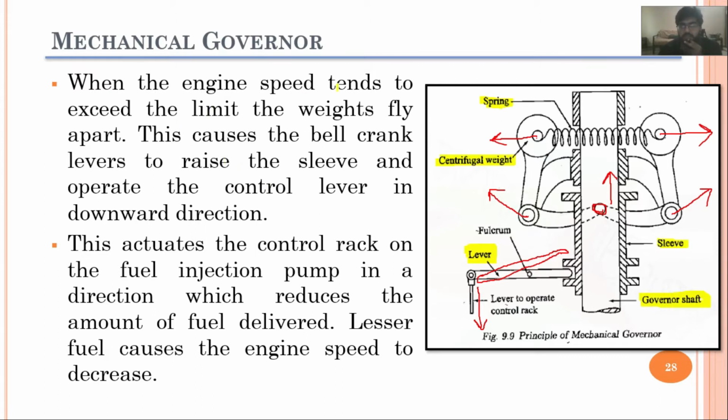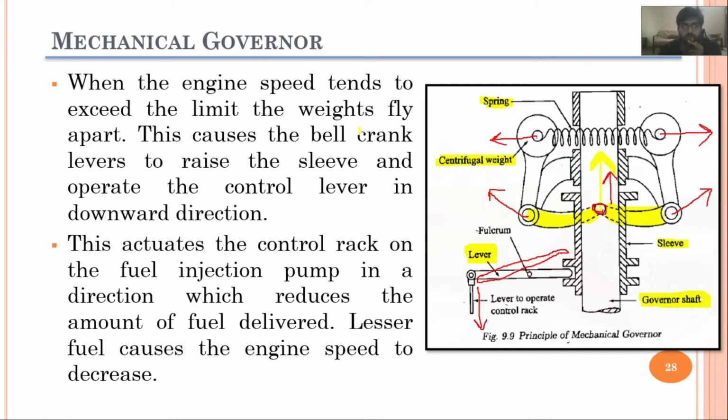So when the engine speed tends to exceed the limit, these weights will move apart. This causes the bell crank lever to raise the sleeve. This is basically our bell crank lever, these levers which are connected to the sleeve. These levers will move away from each other, and because of this movement, this sleeve will move upward.